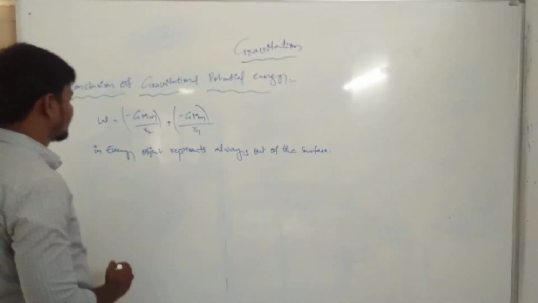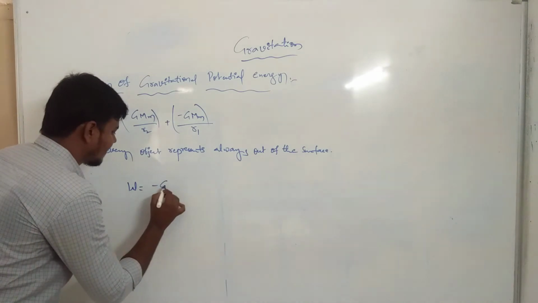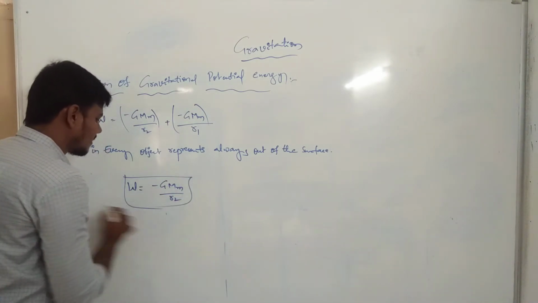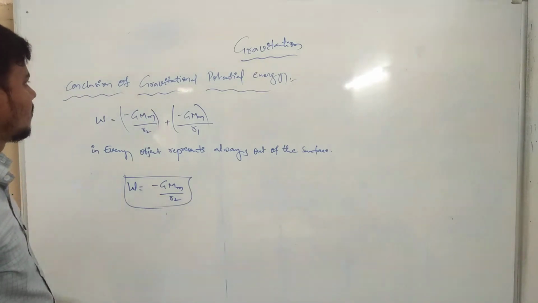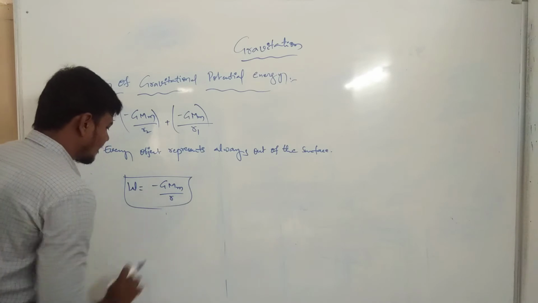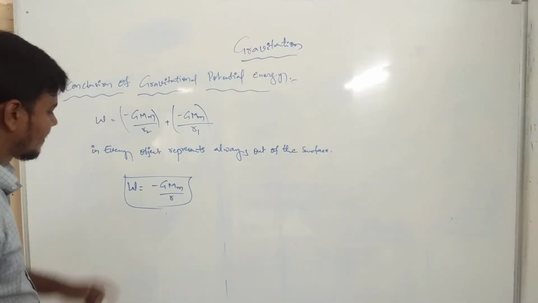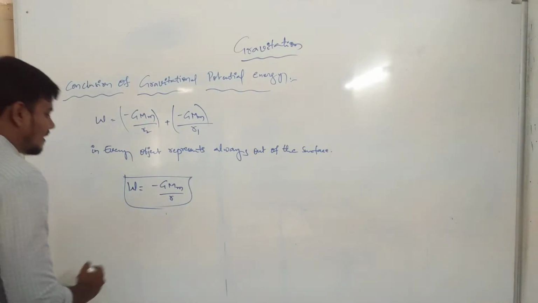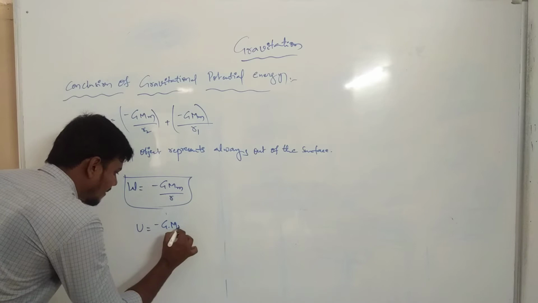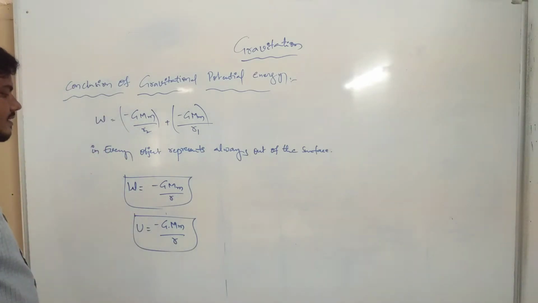Now out of the surface, the work W is equal to the conclusion part, minus G capital M small m by R2 function. Now this is the conclusion of gravitational potential energy. This is the equation: W is equal to minus G capital M small m by R. The same function is applicable in potential energy formation: U is equal to minus G capital M small m by R. This is the same one.